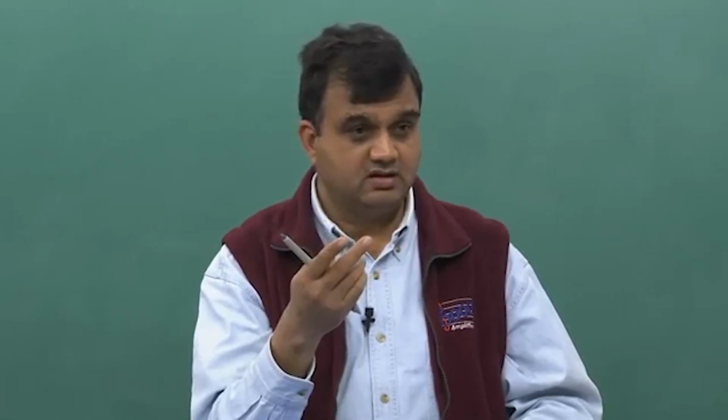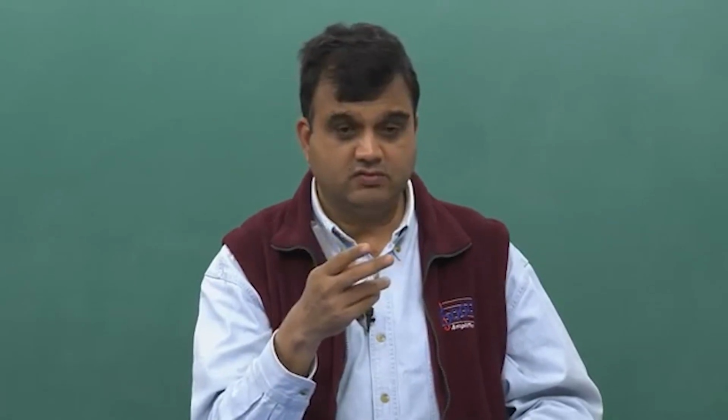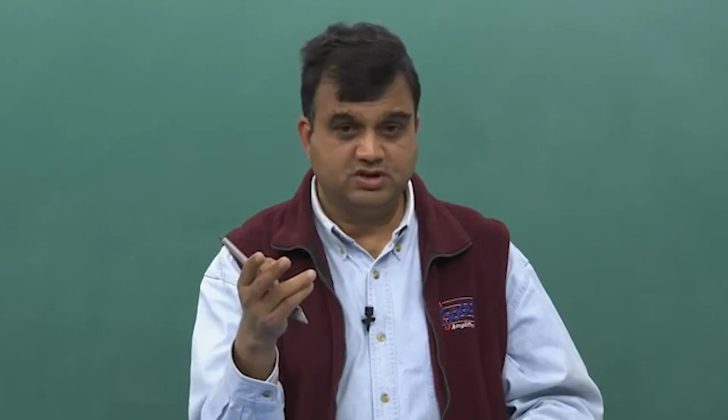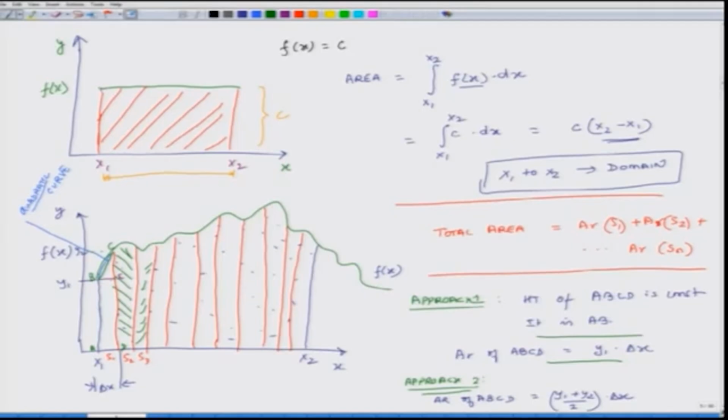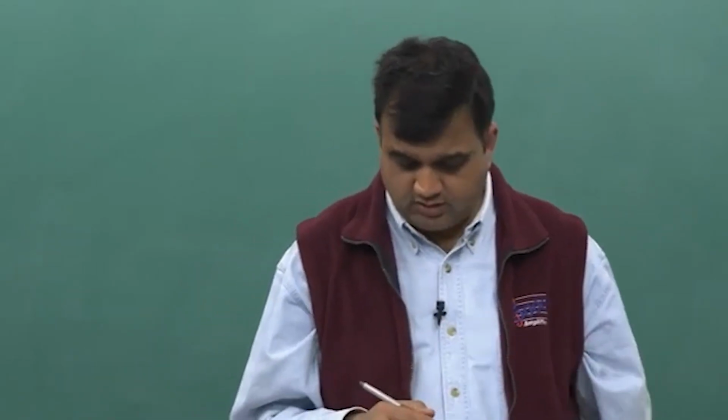Similarly, for a line, it is y is equal to ax plus b. To calculate values of a and b, you need values at the endpoints. But for quadratic, you not only need the value of the function at the endpoints, but also the value at maybe the midpoint or somewhere in between.